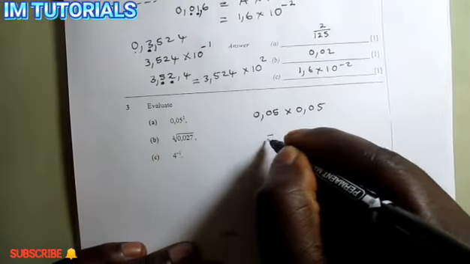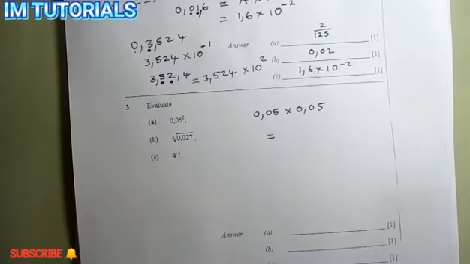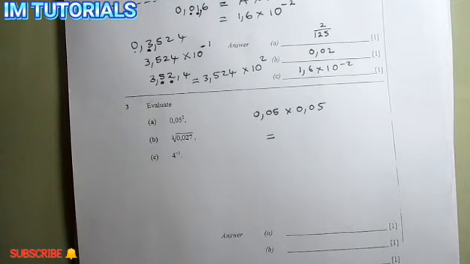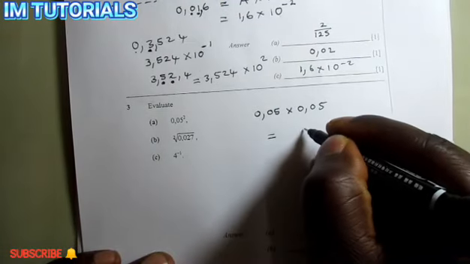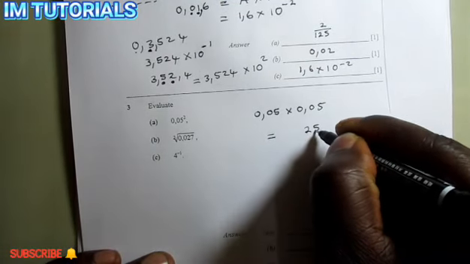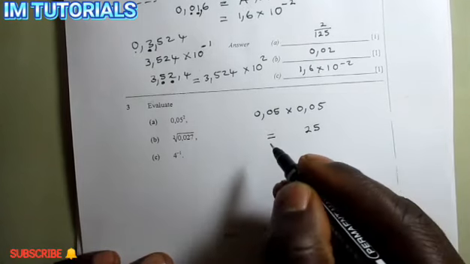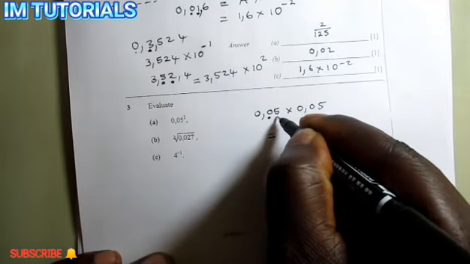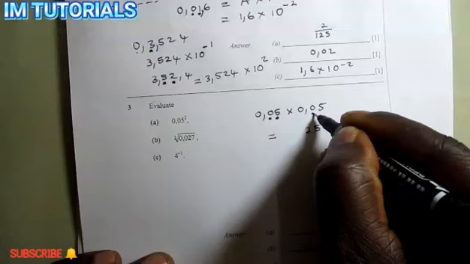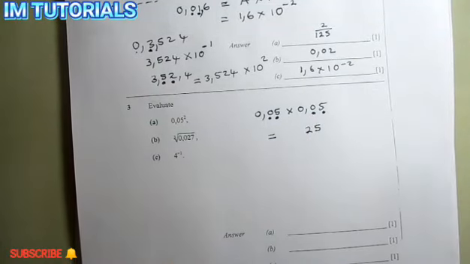When multiplying decimal numbers, you start by ignoring the commas. So 5 times 5, you get 25. But we have 2 decimal places on the left side and 2 decimal places on the right side, to make a total of 4 decimal places.